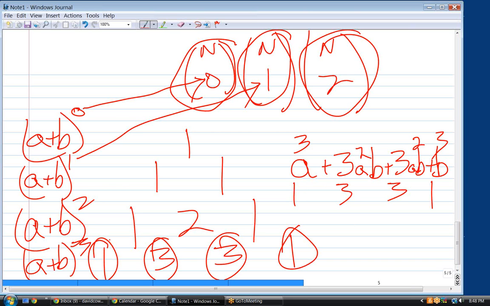So the coefficients are n choose 0 for the first one, n choose 1, n choose 2, n choose 3, and n would be 3. So the binomial theorem, the choose part of it, matches Pascal's triangle.